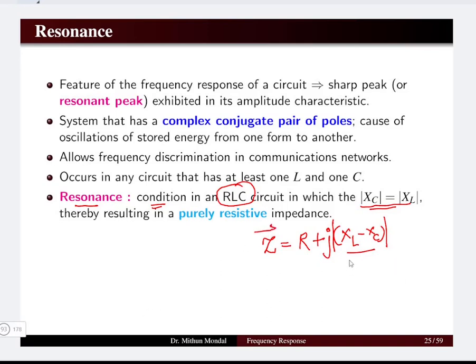Now, if there is one condition occurring where XL and XC are equal, then the net impedance of the network, the magnitude, is equal to the resistance, which is a purely resistive network or purely resistive impedance. Such a condition is known as the resonance condition, and the circuit is known as the resonant circuit.